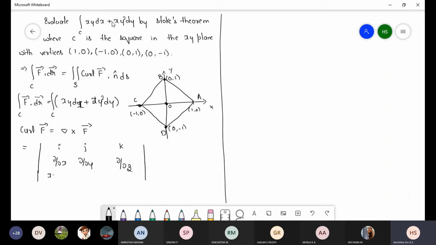Now the first term is xy, next xy square, third one is 0.